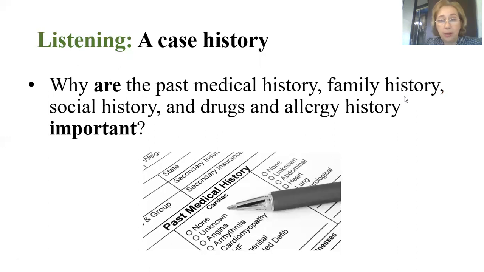Well, that is the question here. Why are the past medical history, family history, social history, and drugs and allergy history important? So you see that the doctor asked a lot of questions about all the details of the patient's life. Why is it necessary? Who can answer this question? Yes, Ramil.